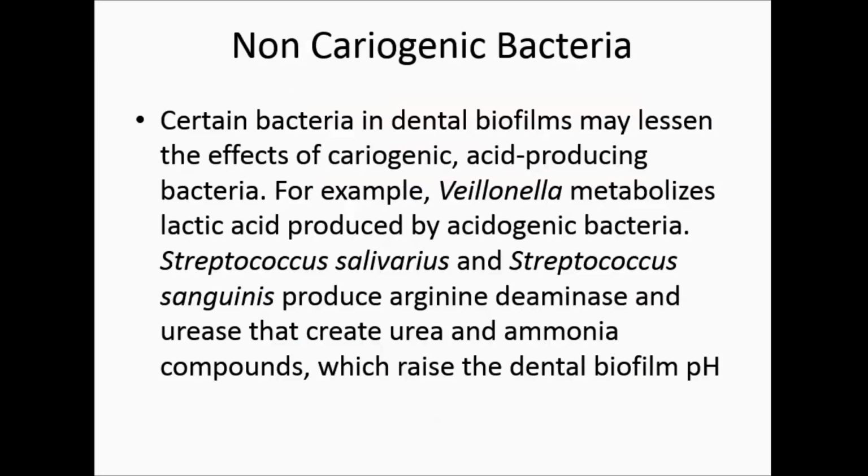Not all bacteria are bad for us. Certain bacteria in dental biofilms may lessen the effect of cariogenic or acid-producing bacteria. For example, Veillonella metabolizes lactic acid produced by acidogenic bacteria.